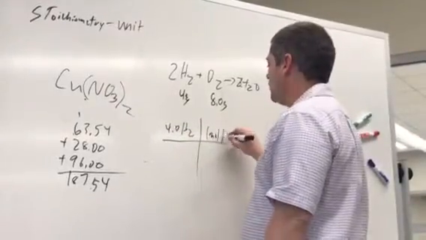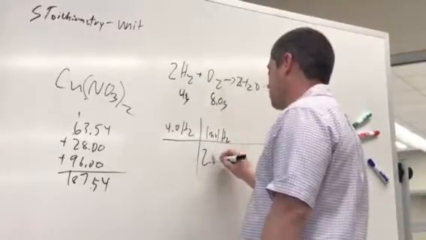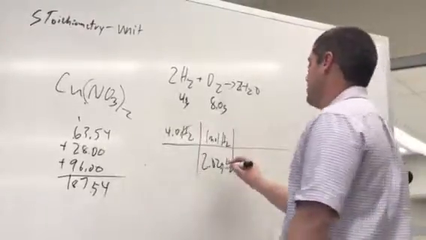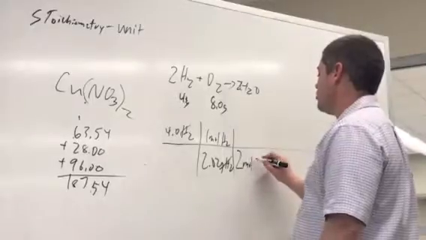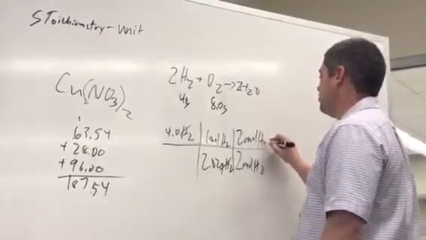1 mole H2 per 2.02 grams H2. My grams cancel, I'm left with moles. It's 2 moles H2O for every 2 moles H2.